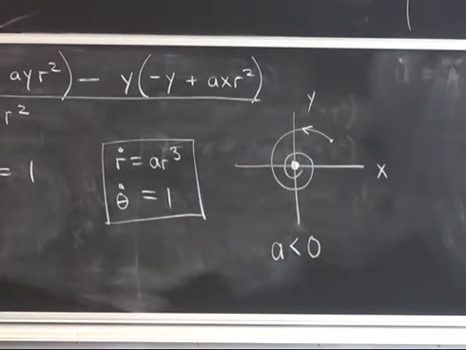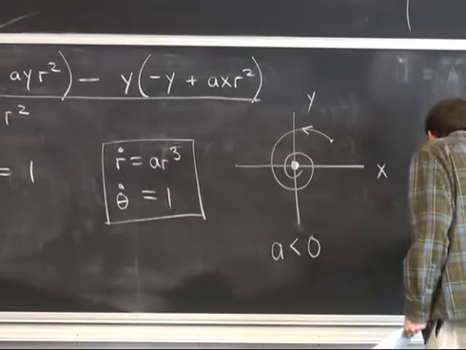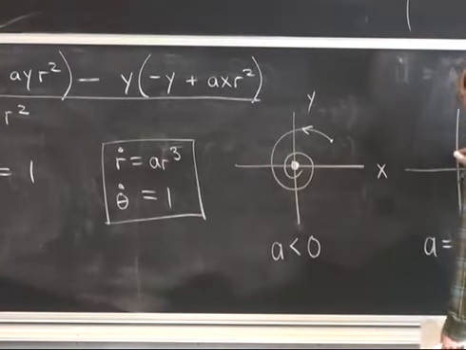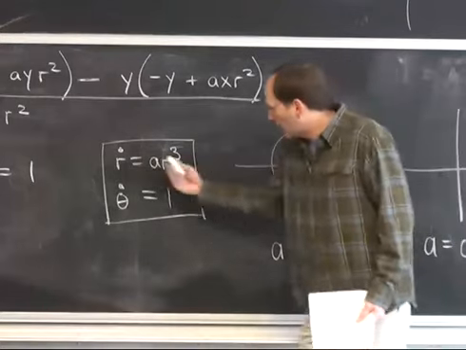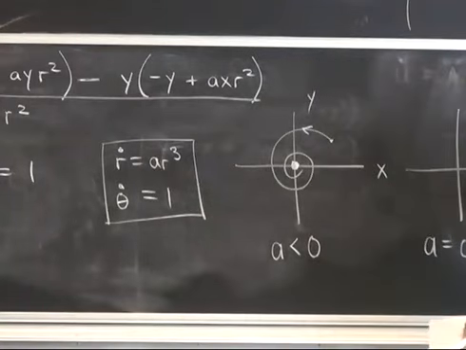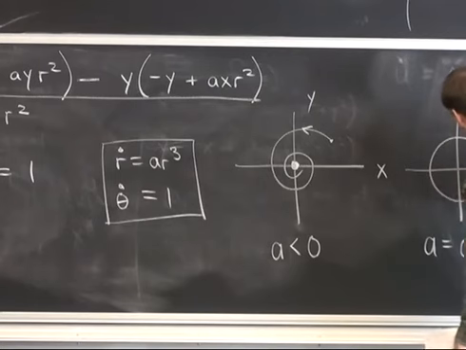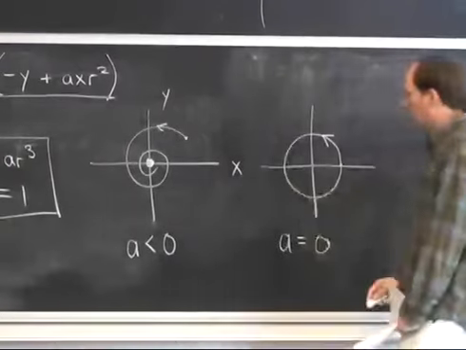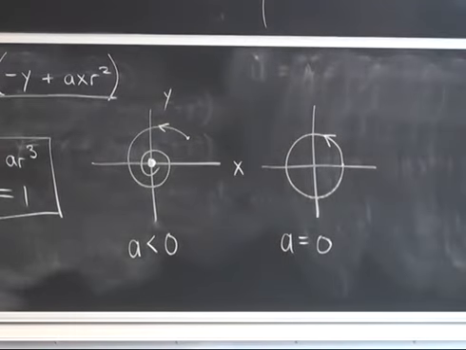And if A happens to be exactly 0, then we really do get a center, because if A is 0, r dot is 0. That means the radius doesn't change. So whatever radius we start on, we just stay there, which means we move in a perfect circle. And that's true wherever we start, except if we start at the origin, then we'll stay there.